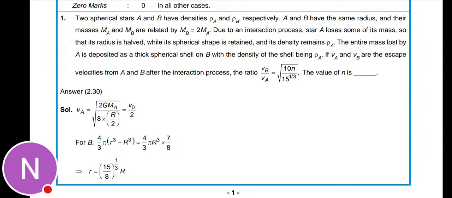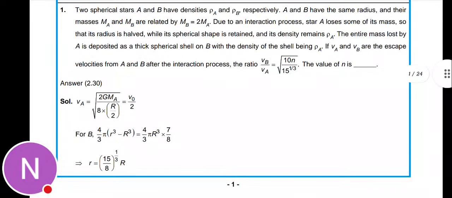The entire mass lost by A is deposited as a thick spherical shell on B, with the density of the shell being ρA. If VA and VB are the escape velocities from A and B after the interaction process, the ratio VB by VA is equal to root of 10n by 15 to the power 1 by 3. So we have to find the value of n.